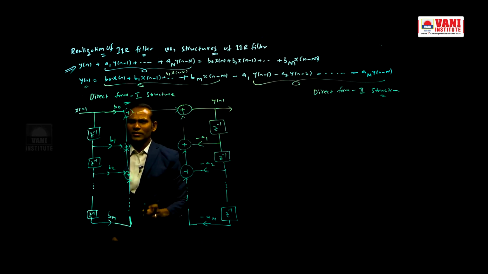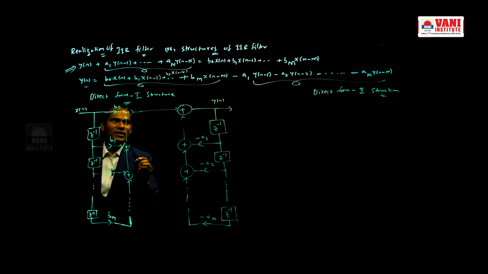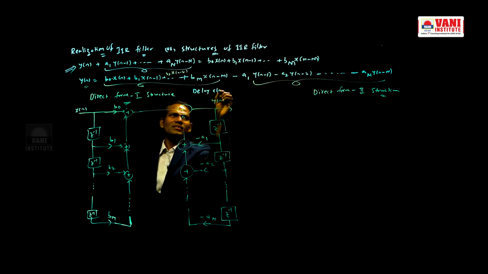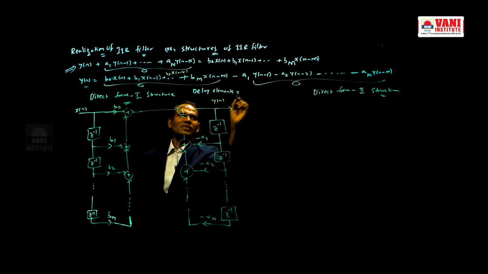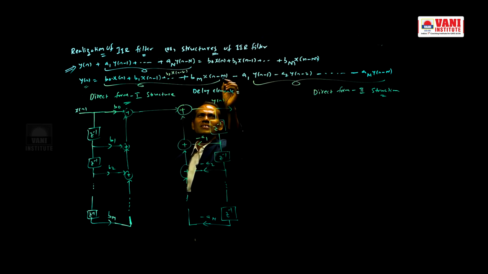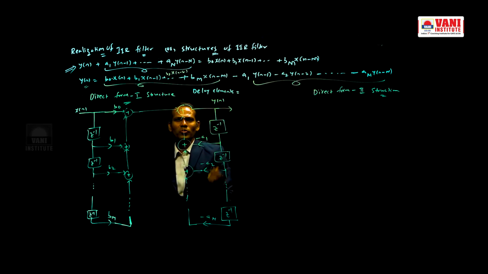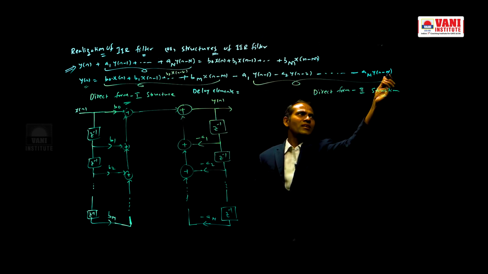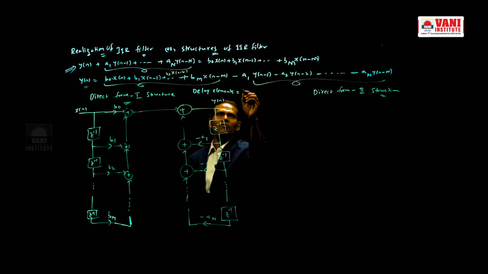The number of delay elements in direct form 1 structure will be, here the last term in x is x of n minus m. That means we have to go up to m. That means m delay elements are needed for x, n delay elements are needed for y. So the number of delay elements will be m plus n.